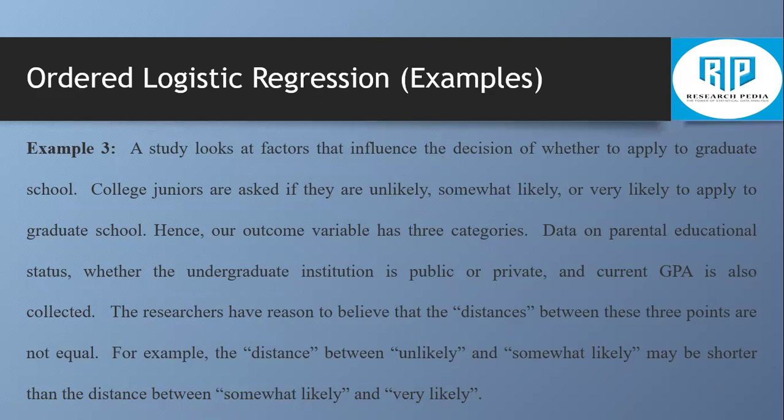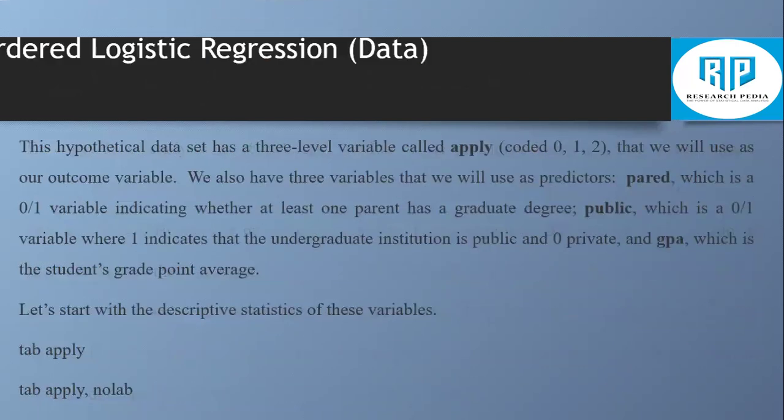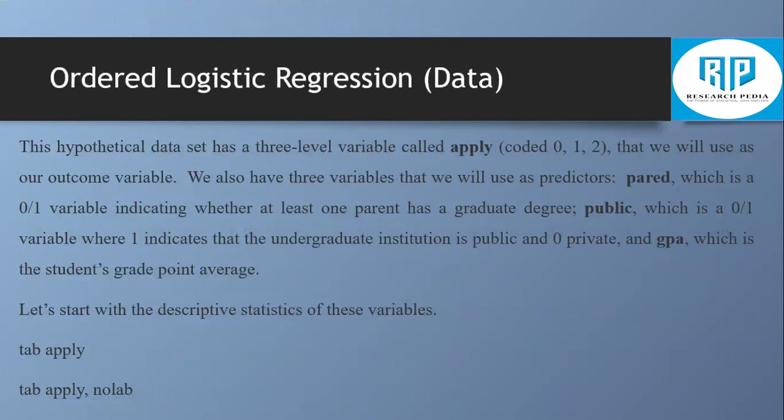So these are the specific examples relevant to ordered logistic regression, and I hope that you have understood ordered logistic regression conceptually. Now we are going to deal with some data. I have shared a data file with the name ordinary logistic regression, OLR file, with both of my participants.